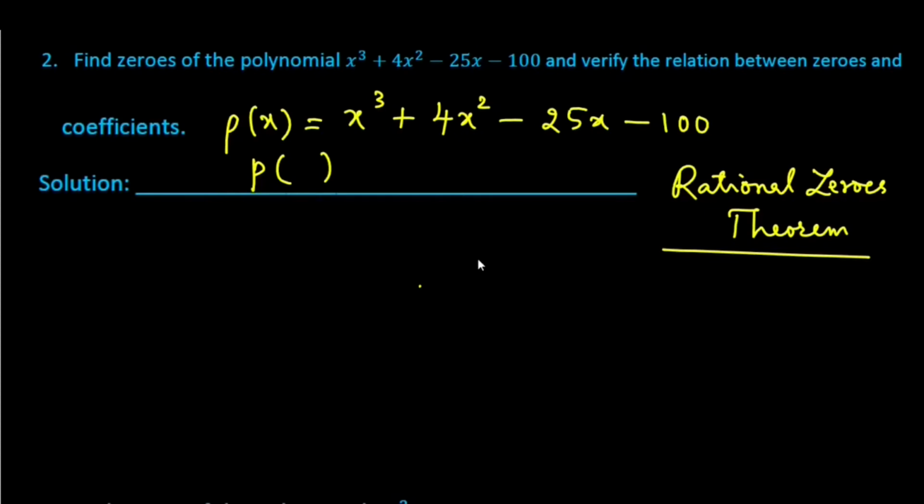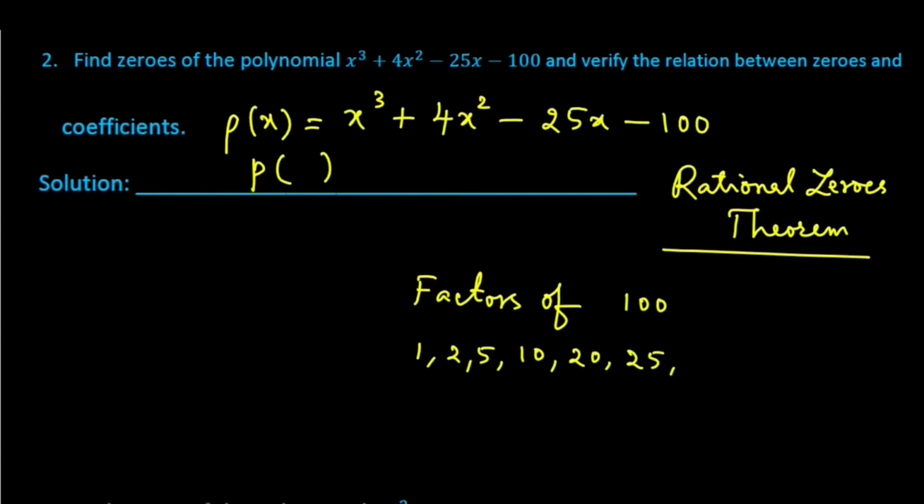So what are the factors of 100? Factors of 100 are 1, 2, 5, 10, 20, 25, 50, 100. We can take plus or minus for these values.